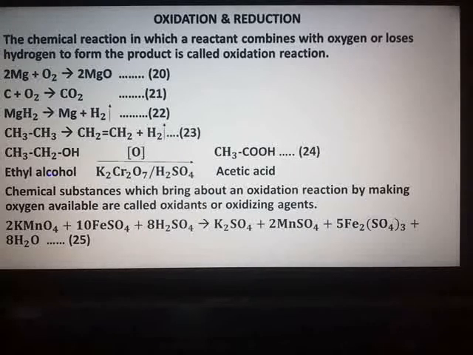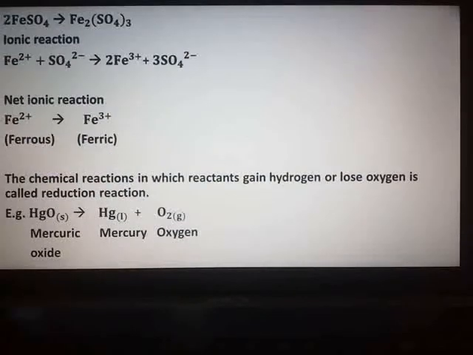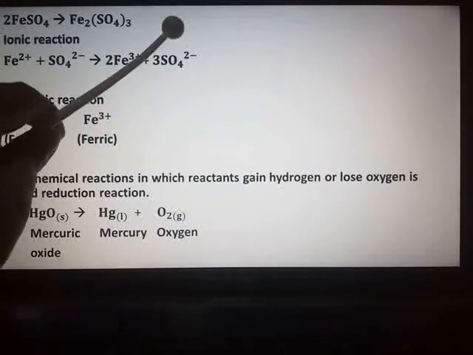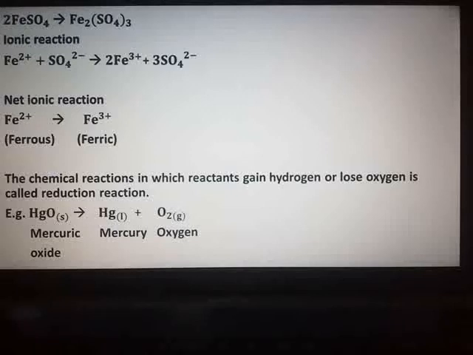Now let us see how this conversion can be called an oxidation reaction. You can see FeSO4 forms Fe2(SO4)3. So the ionic reaction over here is Fe2+ plus SO4 2-, forming 2Fe3+ plus 3SO4 2-. The net change taking place in the above conversion is shown by the net ionic reaction.